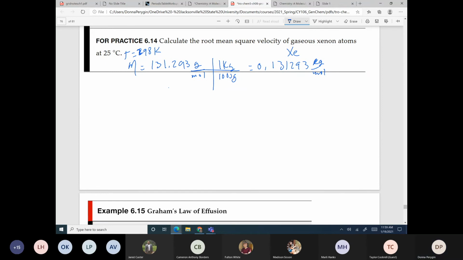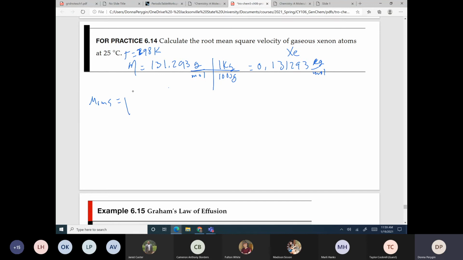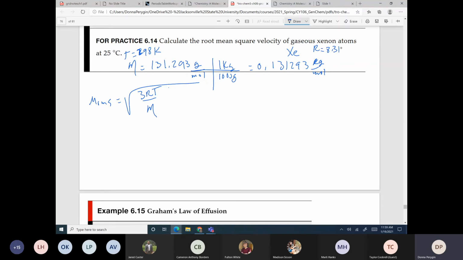Okay. All right. So the new RMS is equal to the square root of 3RT over the molar mass in kilograms. And remember, our R is equal to 8.314 joules per mole Kelvin. And also remember that a joule is equal to 1 kilogram meter squared per second squared.